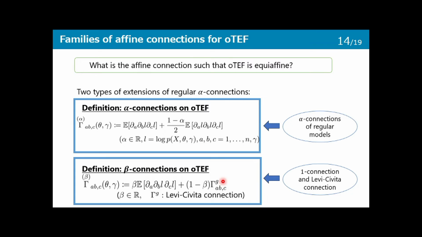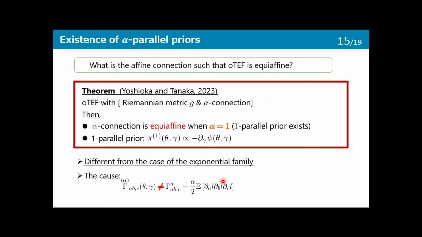For these two families, I checked the existence of alpha parallel priors. Then, this is my theorem. Alpha connection on an OTF is equiaffine when alpha equals 1. Then, one parallel prior exists, and the explicit form of one parallel prior is minus partial gamma psi. This value is always positive.